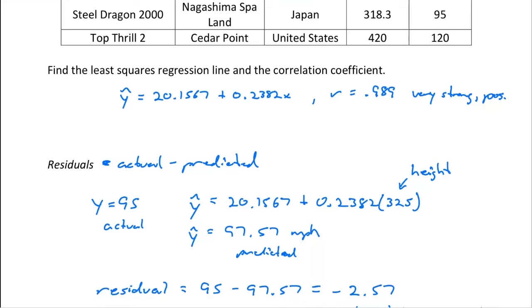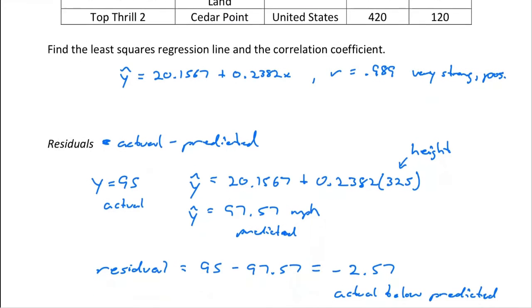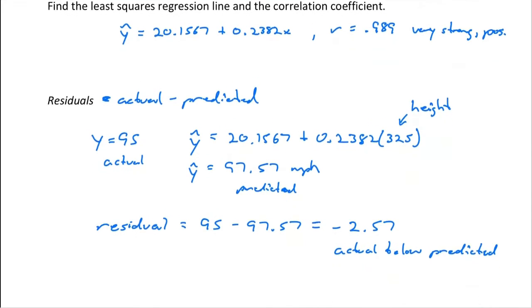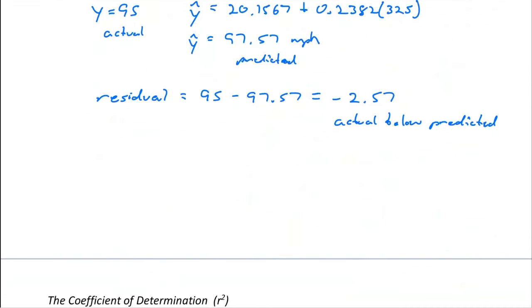But it also gives us that residual plot, which is important in helping us determine whether we've chosen linear correctly, versus maybe it should have been exponential, or quadratic, or something else.